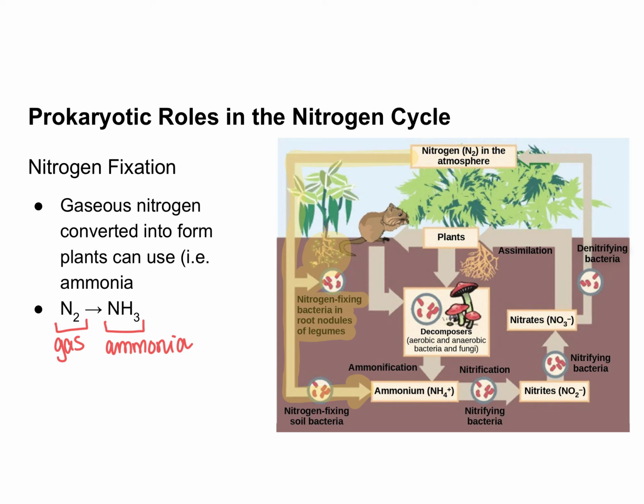There's also nitrogen fixing bacteria that just hang out in the soil. And once again, they are going to convert that nitrogen gas to ammonia. And then that ammonia can eventually be converted into other forms of nitrogen and ultimately end up in the plant.